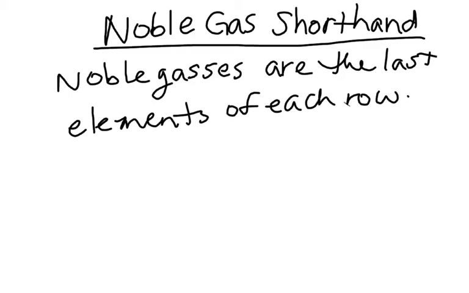one of the elements that I hate writing out, lead. Lead has 82 electrons. This is an awful lot of electrons to put into the electron configuration, but I'm going to do it anyway.